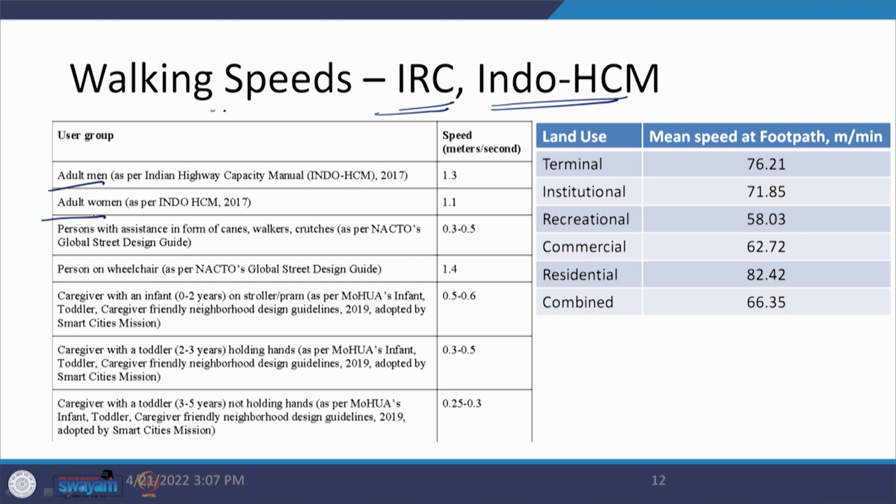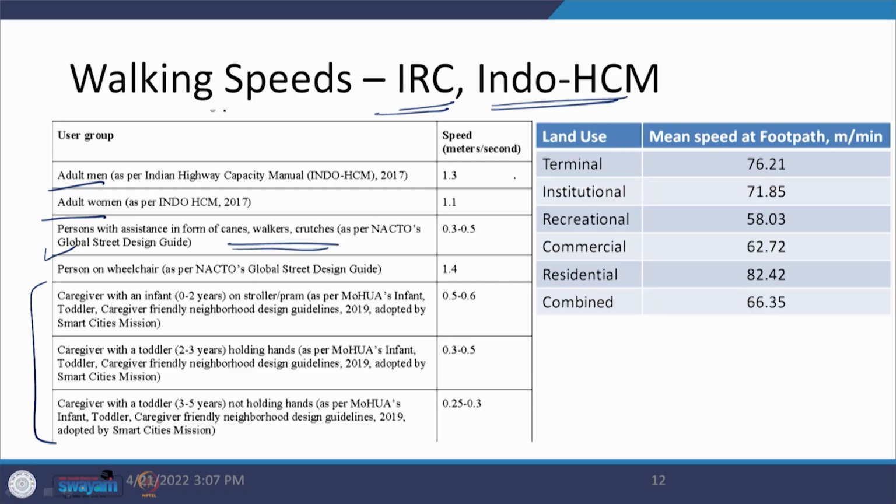So, we have adult man and woman, people who are going to utilize our facilities by way of different assistive devices, or people who are moving around with small children, the toddlers, the infants, and therefore the speeds are going to be further restricted.